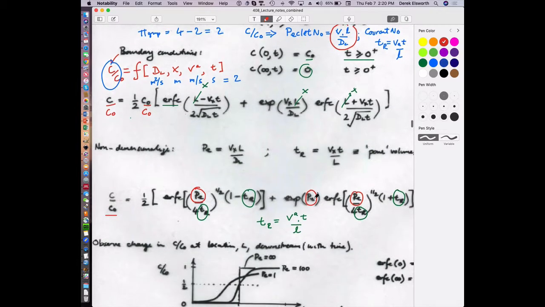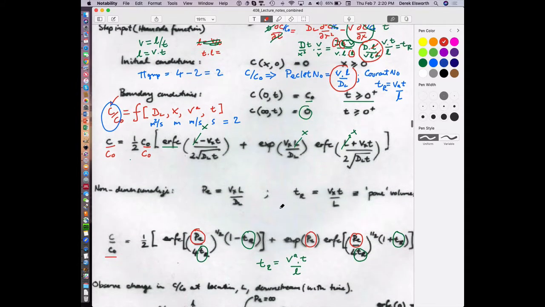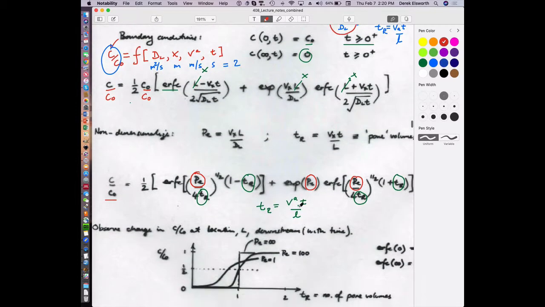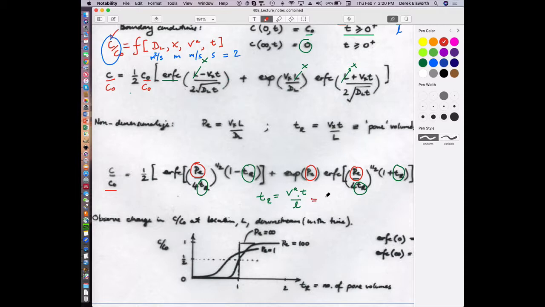What I was doing wrong was that this product of velocity times time is a length traveled. So this is the length traveled by advection divided by the length of the sample. In other words, when this is equal to 1, it means that the front has gone from the upstream part where you put the concentration in, and it's arrived 1 meter downstream.